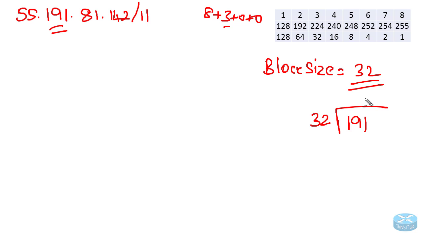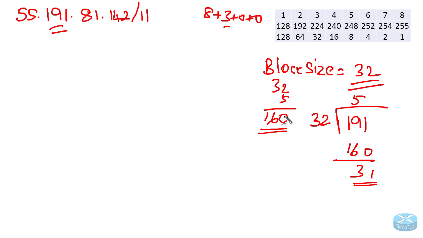So 5 times: 32, 64, 96, 128, 160, and the remainder is 31. So 32 times 5 is 160. The block size is 32, so the previous boundary is 160 and the next one would be 192.